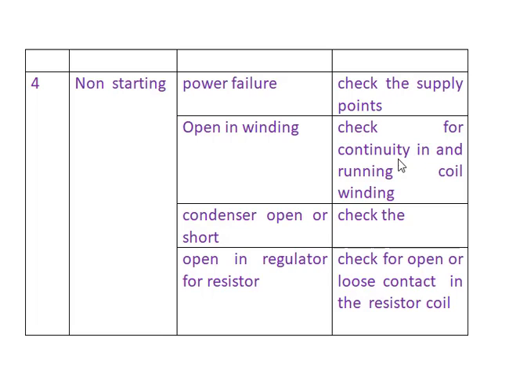So check the continuity of the running coil and starting coil, and the condenser may be open or shorted. Check the condenser and the regulator resistor. In the regulator, the resistors may be broken, so check for open or loose contact in the resistor coil.